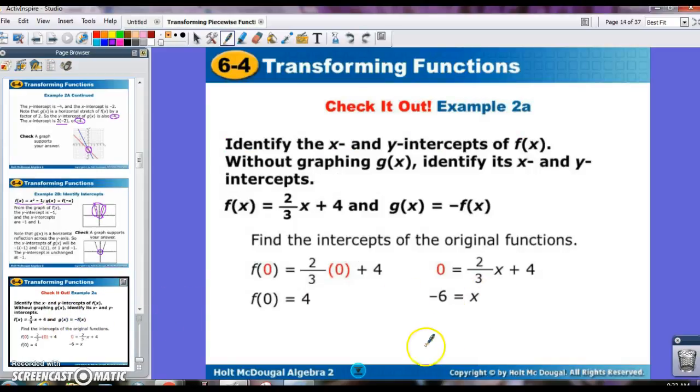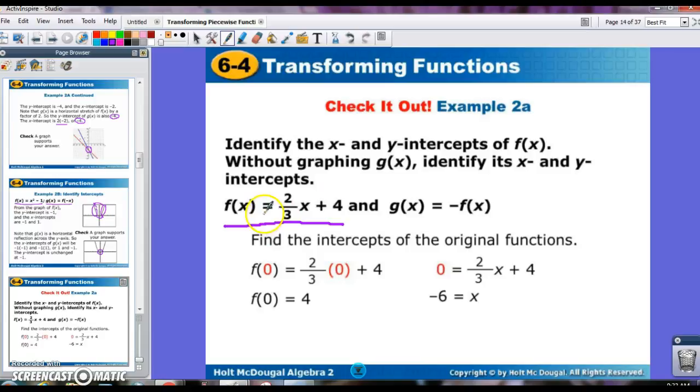Let's look at another example. This one says to first identify the x and y intercepts of the function f of x, and then perform this new transformation. So let's first figure out what our x and y intercepts are.